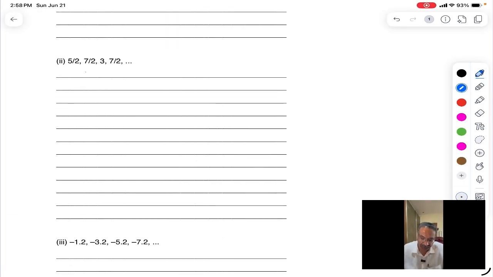Next one, come. 5 by 2 is a1. Let us directly take a2 minus a1, which is equal to 7 by 2 minus 5 by 2. LCM 2 common, 7 minus 5 is 2, 2 by 2 is equal to 1. Next, a3 minus a2, which is equal to 3 minus 7 by 2.